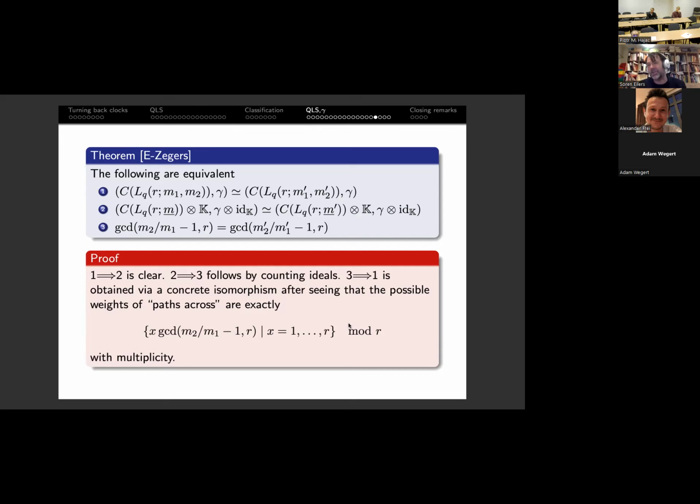Now, of course, you would like to ask what happens at higher dimensions. If I have 3 coefficients or 4 or 5, I'm a little bit afraid of that problem.